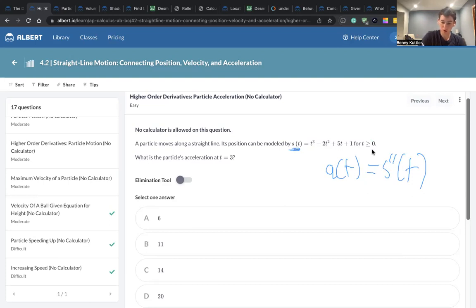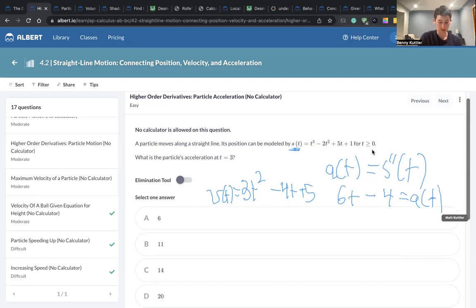Based on this position function, we can find the acceleration at a point just by taking two derivatives. Using the power rule, we have 3t squared minus 4t plus 5, and that is v of t. Now we need to take another derivative because we're looking for the acceleration. Using the power rule again, 6t minus 4 equals a of t.